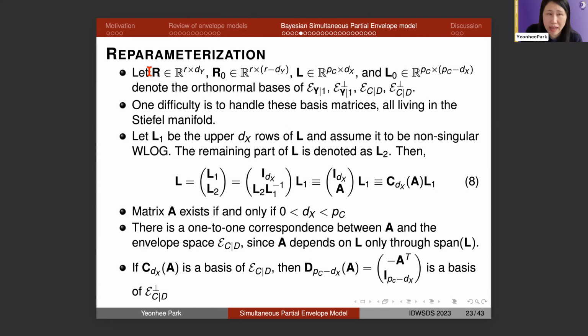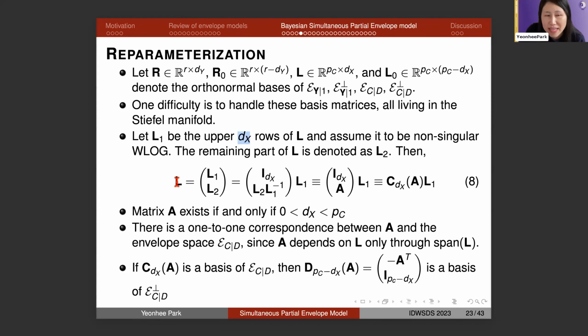Let R and L be the orthogonal bases of the partial response envelope and the partial predictor envelope, and R0, L0 be their completions. And let dx be the dimension of the partial predictor envelope.